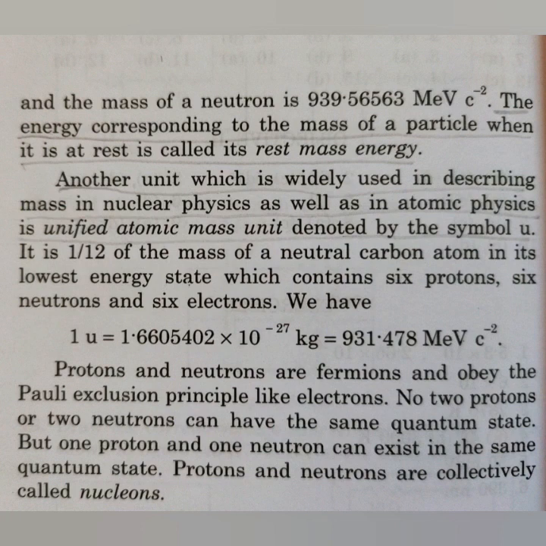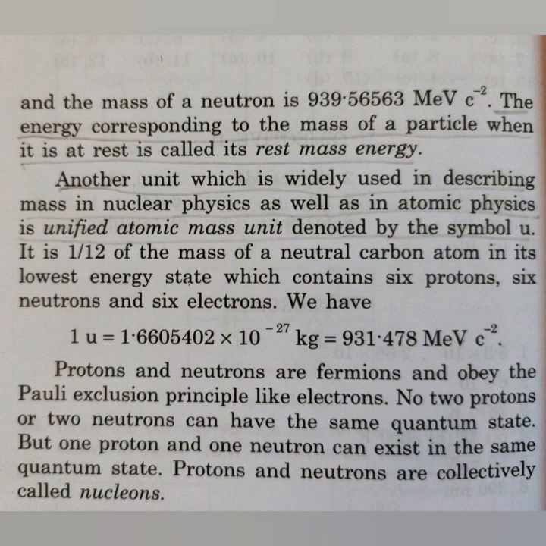As you can see, friends, the value of 1 u is equal to 1.660540 into 10 to the power minus 27 kg, and in energy form 1 u mass is 931.478 MeV c to the power minus 2.